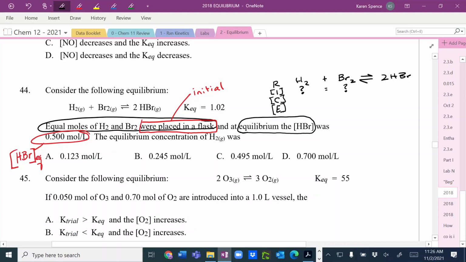It says nothing about the HBr, so what's the initial concentration of HBr? 0. Excellent. And we know that the equilibrium concentration of HBr is 0.500 molar, yes?